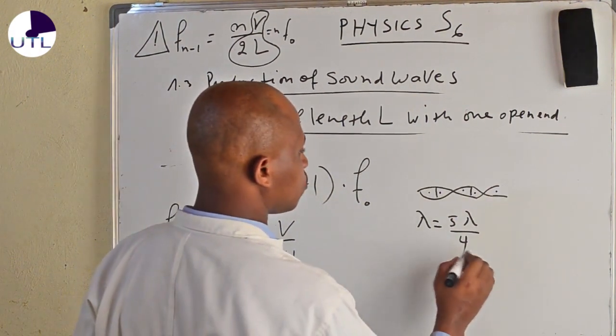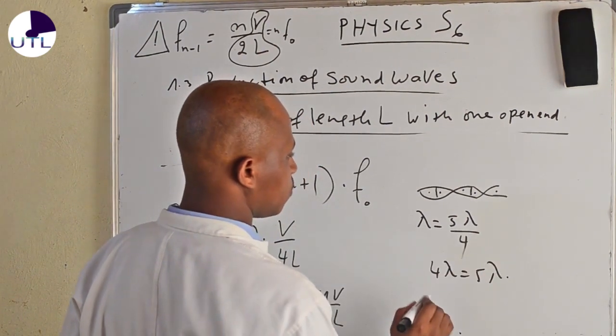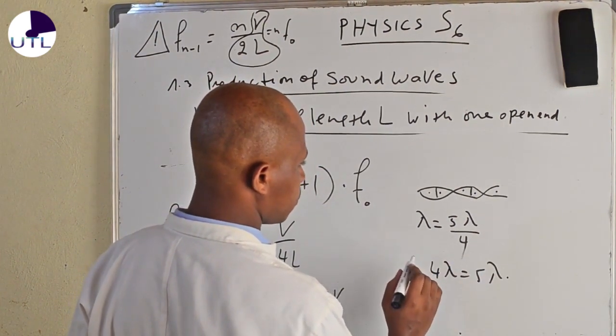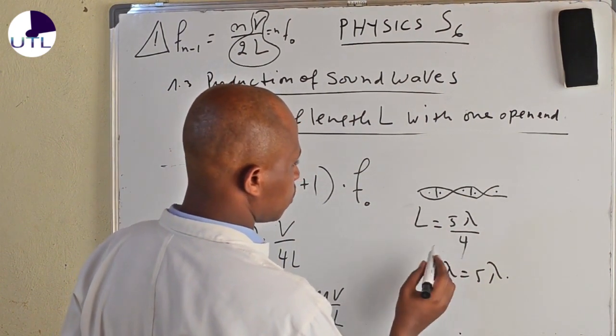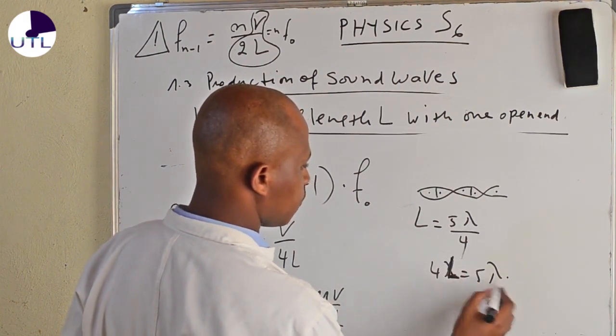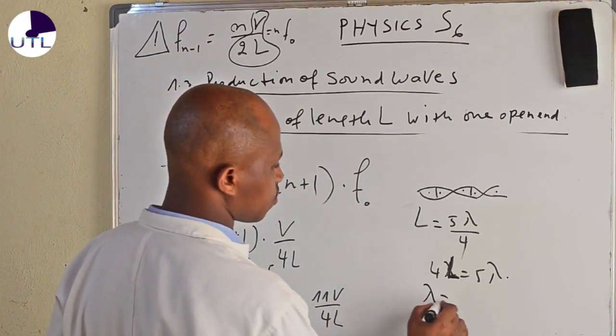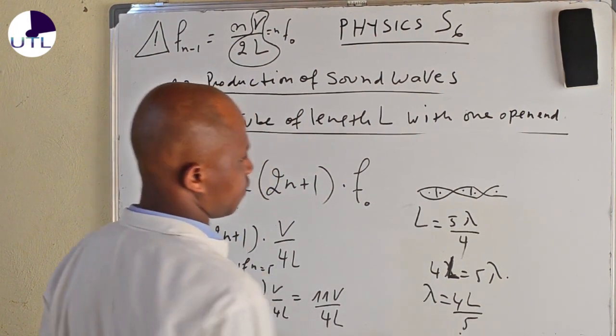So to mean 4 times the length will be equal to 5 wavelength. So wavelength is equal to 4L over 5.